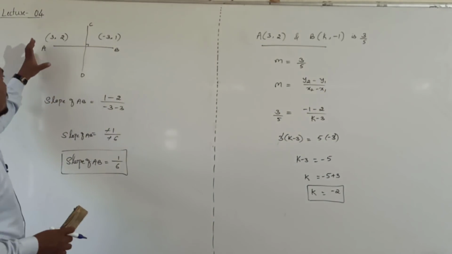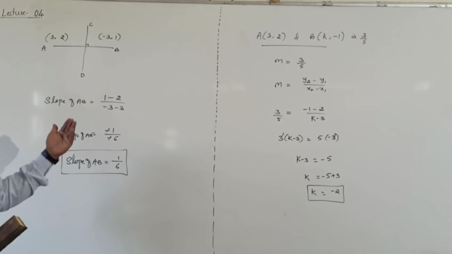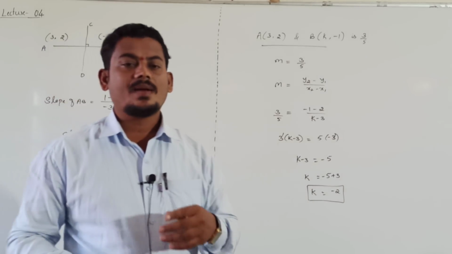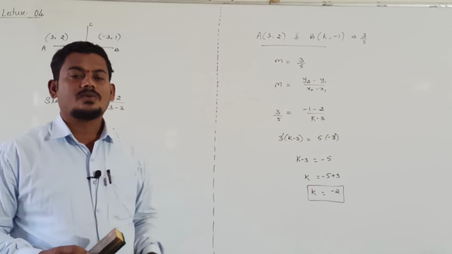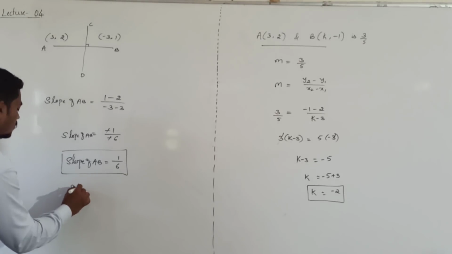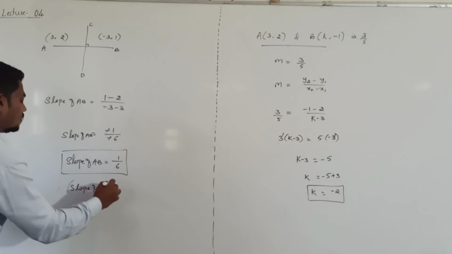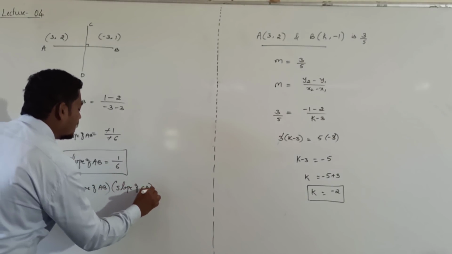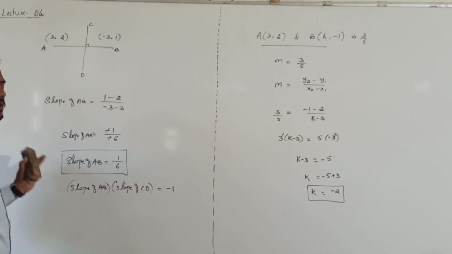Means slope of AB into slope of CD is equal to minus 1. Why? Because CD and AB are perpendicular. When two lines are perpendicular, the product of their slopes equals minus 1.